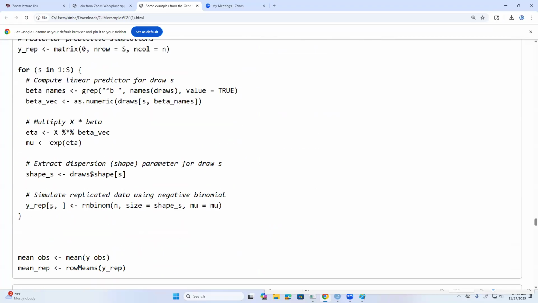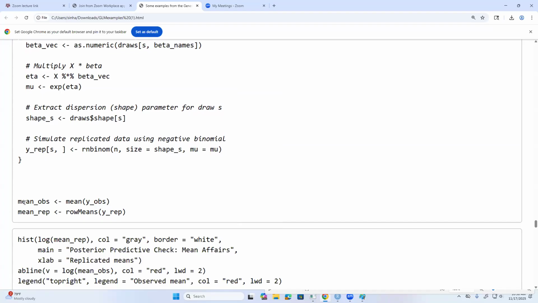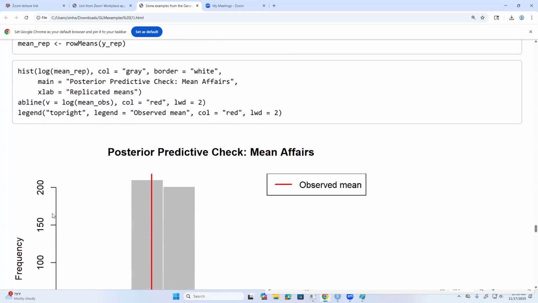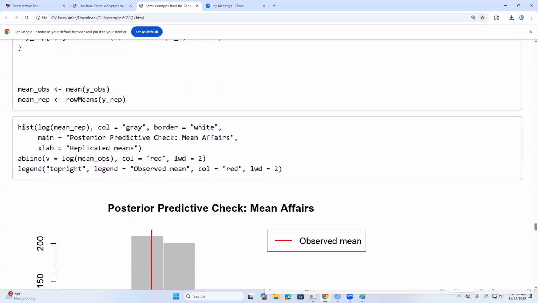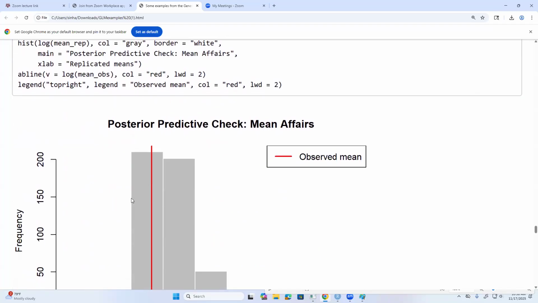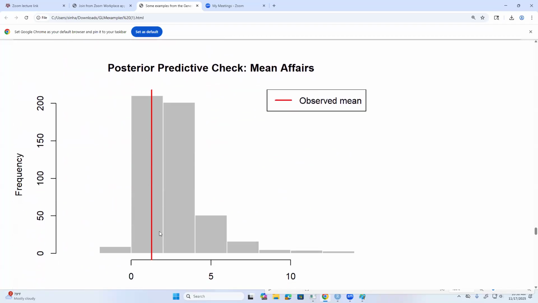And how many did I do? I did 500 times. And calculated the mean value of those observations. And what did I do here? So this is the posterior predictive check.